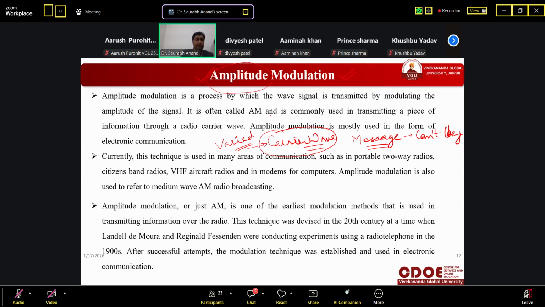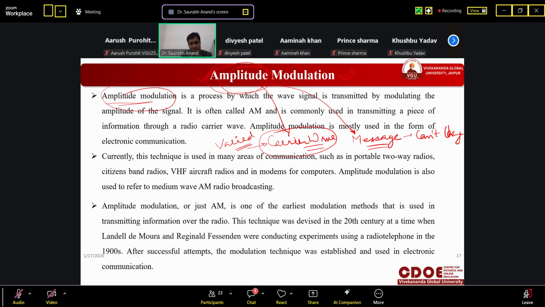So in amplitude modulation, we vary the amplitude of the carrier wave in accordance with the message signal. Depending upon the message signal, we vary the amplitude of the carrier wave, and that process is known as amplitude modulation.